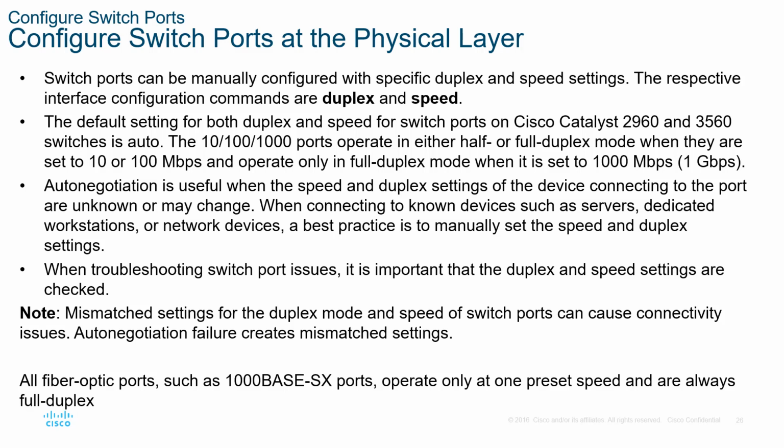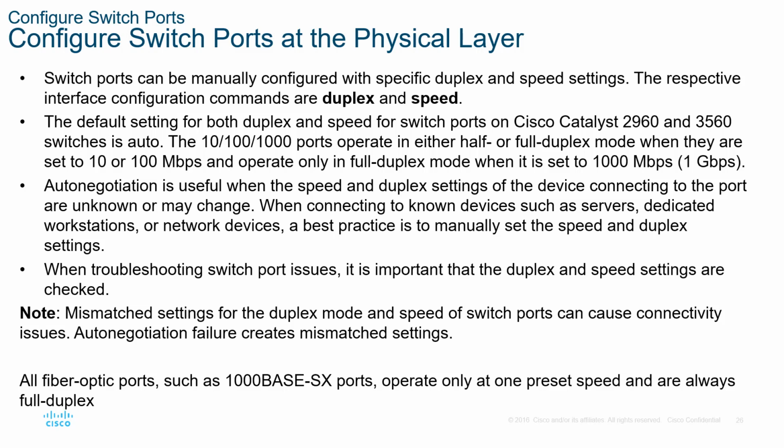Realistically, in modern day networks, most things are gigabit. Leaving it on auto is not a terrible issue, and you see it more often than not. It's important to note if we're talking fiber, fiber has to be manually set and will operate only at one preset speed and always full duplex.